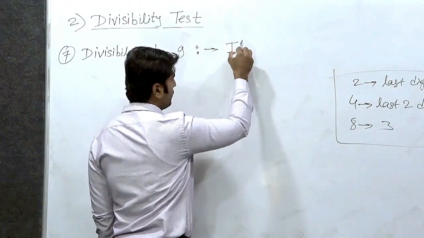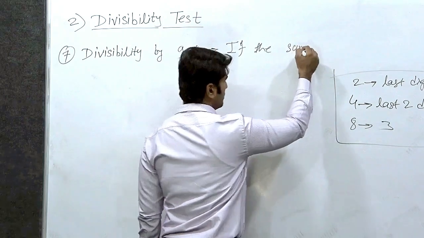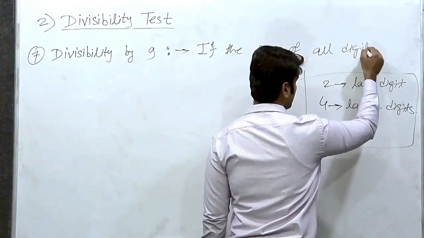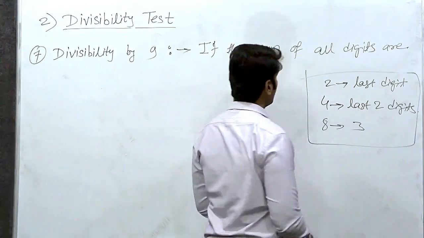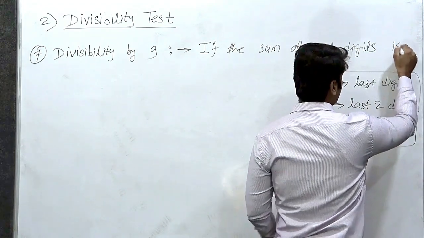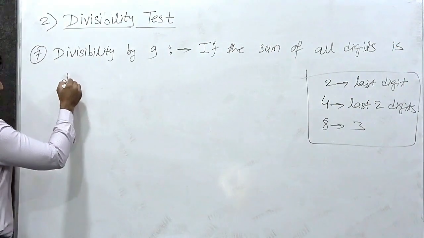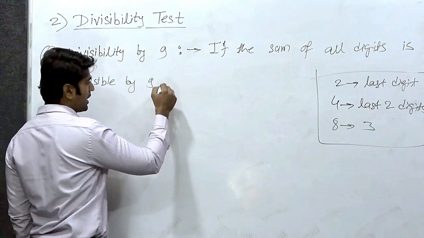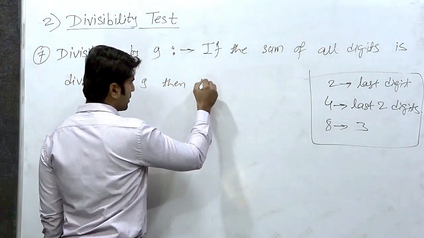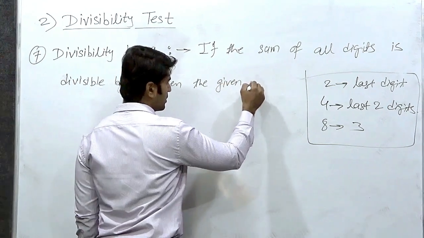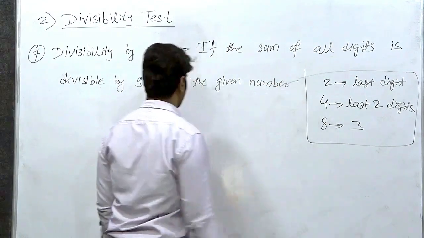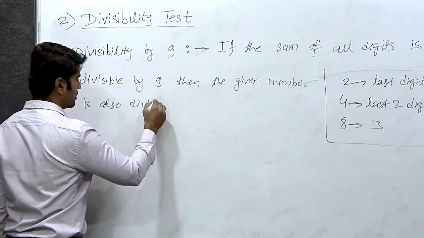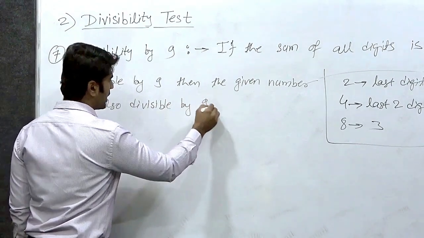I will write here: if the sum of all digits is divisible by 9, then the given number is also divisible by 9.